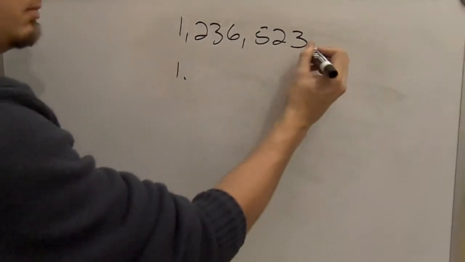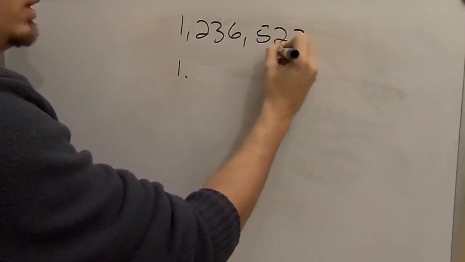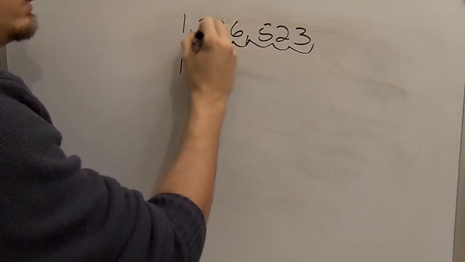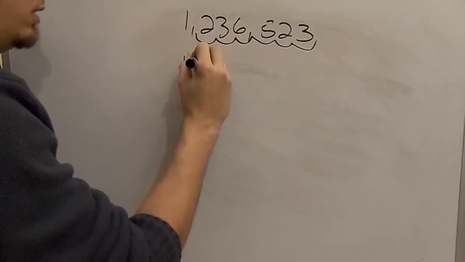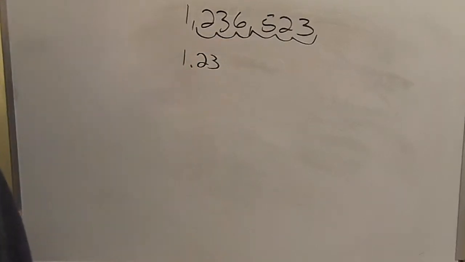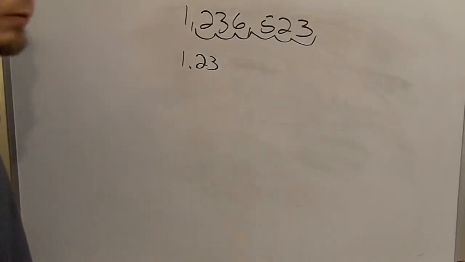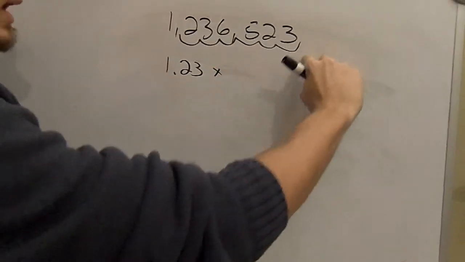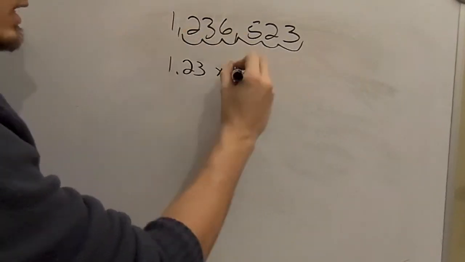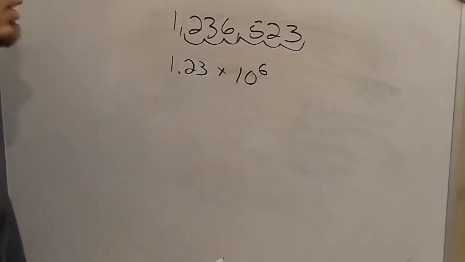So what I'm going to do is move that decimal back 1, 2, 3, 4, 5, 6 spaces, so it's between the first and second number. I'm going to write 1.23. I'm never going to go more than 2 spaces over. So I'm going to write 1.23 times, and since I moved back 6 spaces, I'm going to write times 10 to the 6th power.